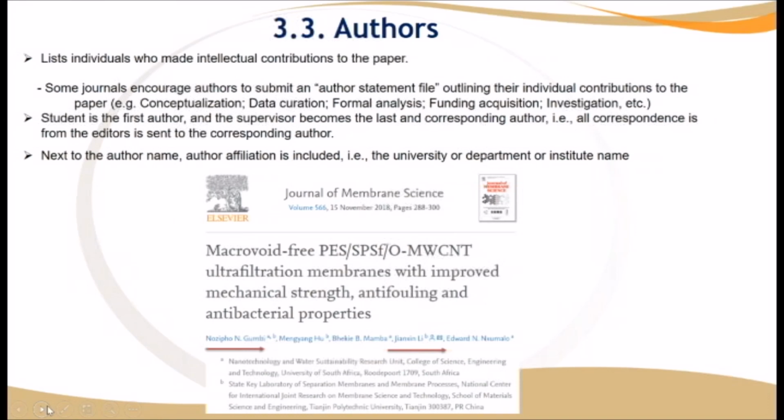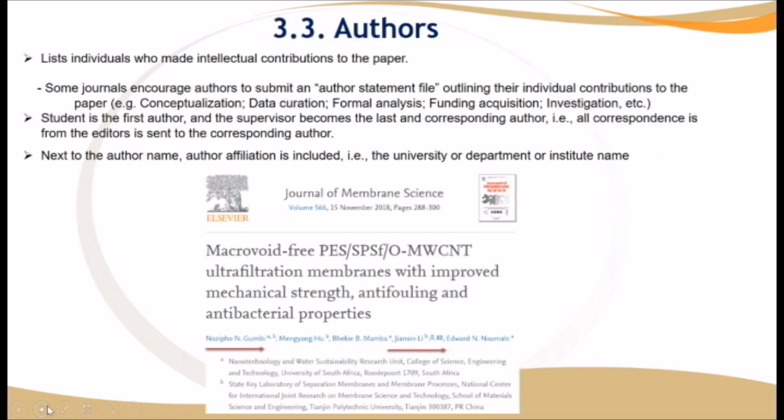So do not get tempted to want to put just your name in the paper from feeling that, no, I was the one that did everything. We definitely get that part, but it's still very important that your supervisor engages with your research paper intellectually. You have this back and forth conversation and discussion with him or her, and then you submit the paper and he or she becomes the corresponding author.